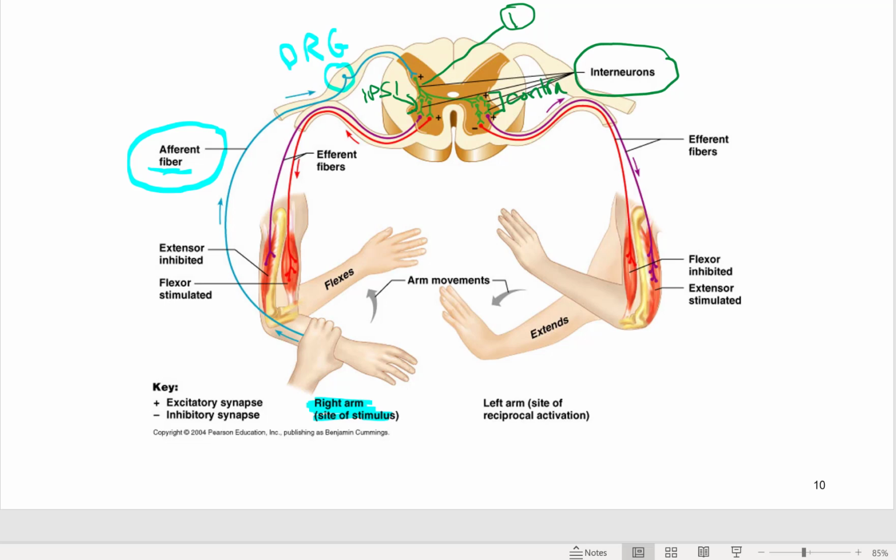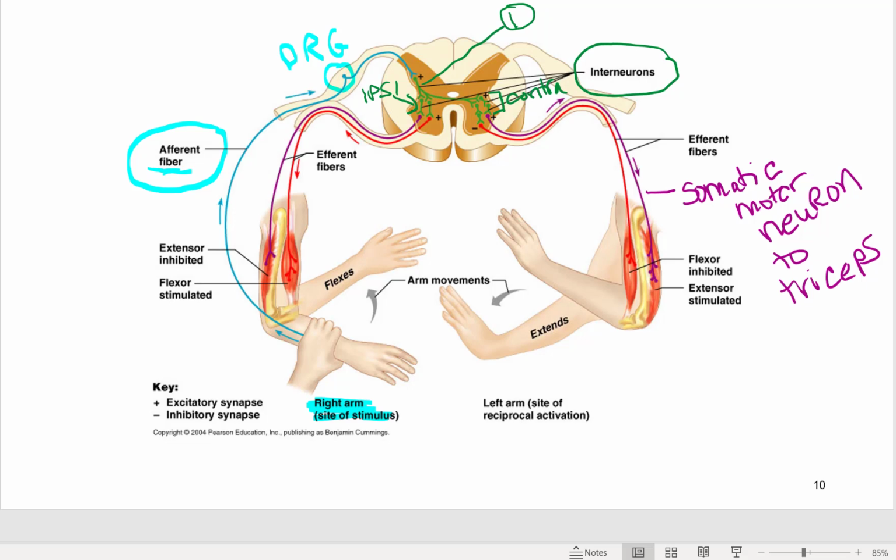In purple, you're seeing an efferent somatic motor neuron that innervates the triceps. So I'm going to write that. There is a somatic motor neuron innervating the triceps on the right arm and on the left arm.